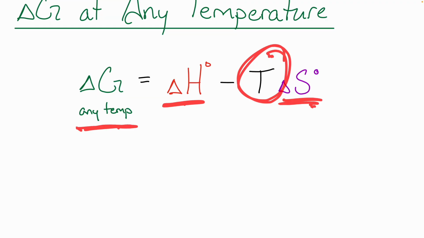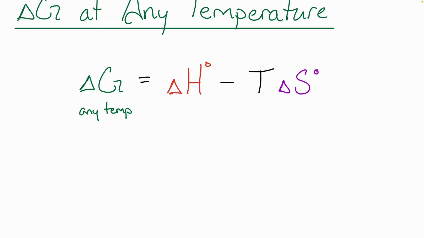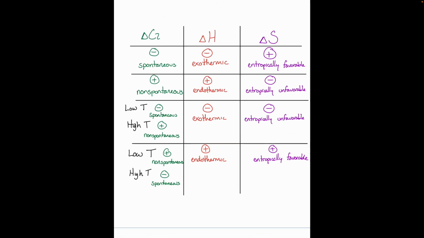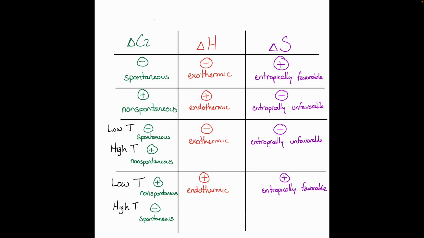All right? So first of all, this reaction, let's just go back to our little cheat sheet that we made here. This reaction was an example of a reaction that was exothermic and entropically unfavorable, right? That means that this reaction would be spontaneous at low temperatures, but I can crank up the temperature enough where eventually that reaction is going to become non-spontaneous.